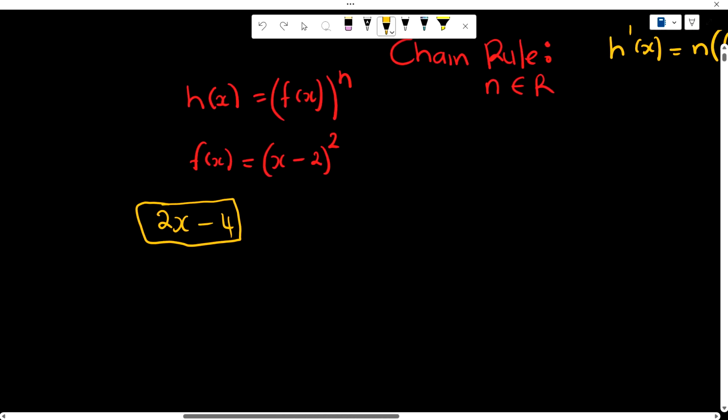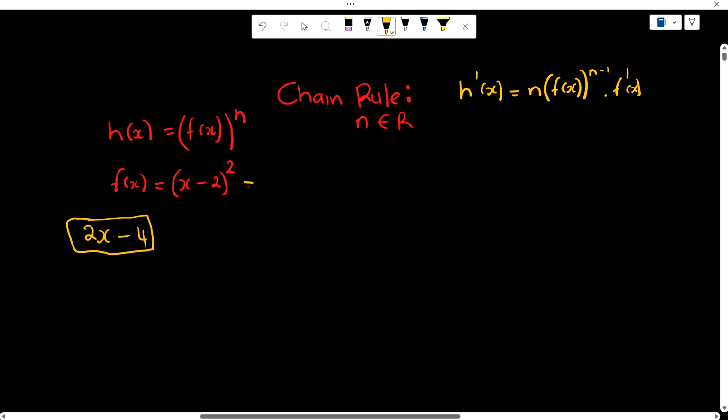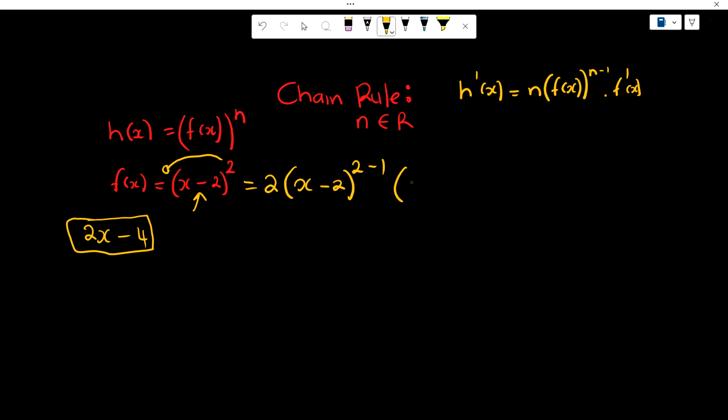So if we derive this one here, we bring the 2 forward. Therefore it will be 2 times whatever is inside, which we leave as is, so it will be (x minus 2). Then we subtract 1 from the power, and then times the derivative of what's inside, which using the power rule will be 1.